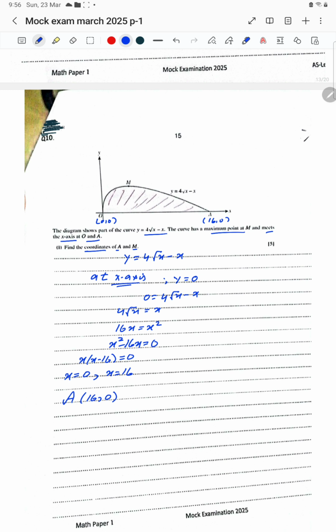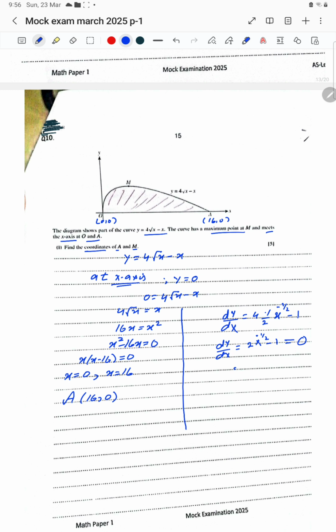Now for the coordinates of M, that is the maximum point. We find dy/dx, which is 4 × (1/2) x^(1/2 − 1), so dy/dx = 2x^(−1/2), and that should be equal to 0 at the maximum point.